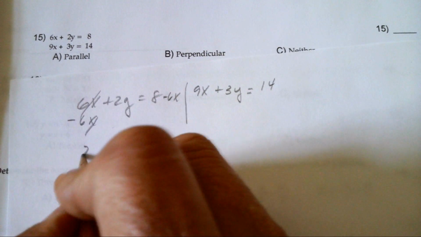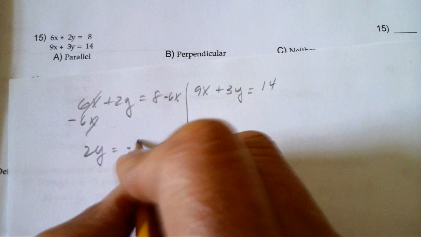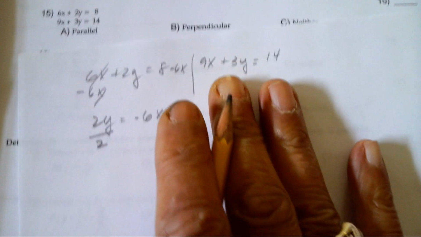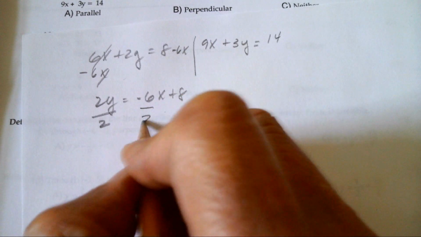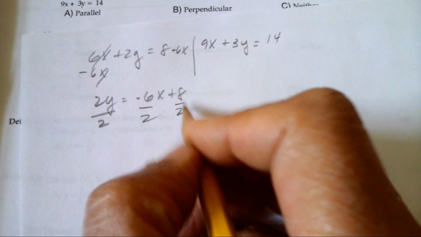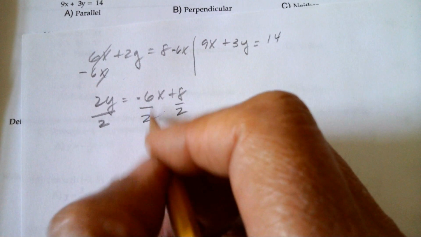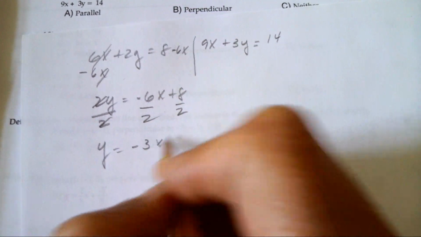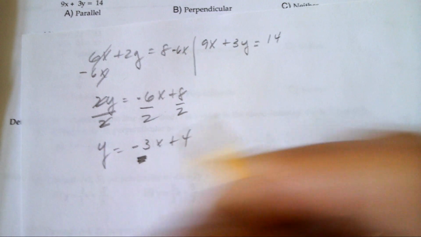So these guys would cancel out. 2y is equal to minus 6x plus 8. I'm going to divide everything through by 2 here. And I don't care about this y-intercept. What I need to know is the slope, all right? So this is going to be a minus 3x. Yeah, that's a positive 4, but that's not what I'm concerned about.